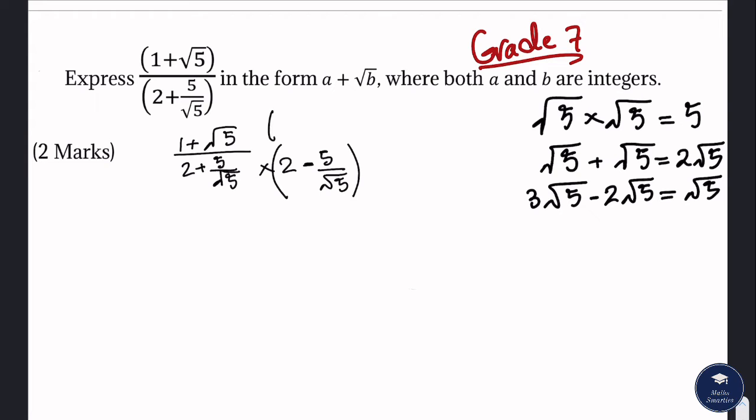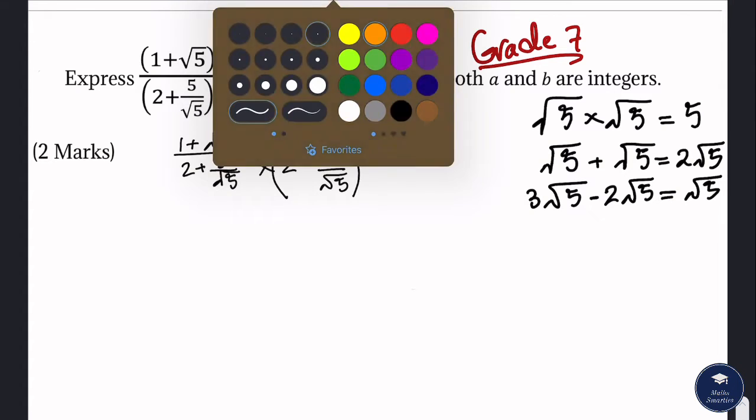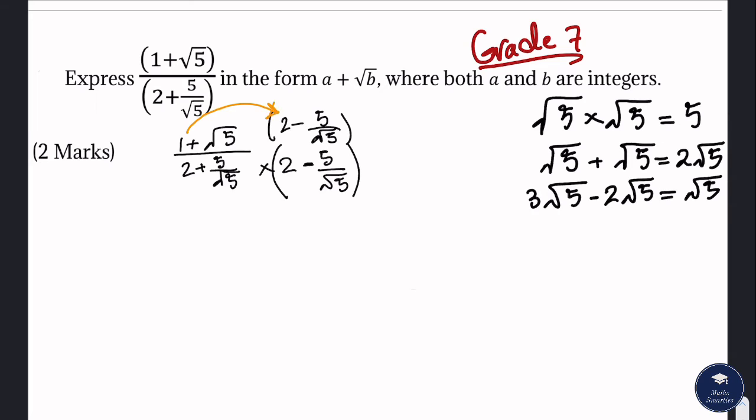And we do the same for the numerator: 2 minus 5 over square root 5. And the rest of the question is just simplifying, okay? Simplification. Now, I multiply the 1 by the 2, the 1 by the minus 5 over square root 5, and the square root 5 by the 2, and the square root 5 by the minus 5 over square root 5.